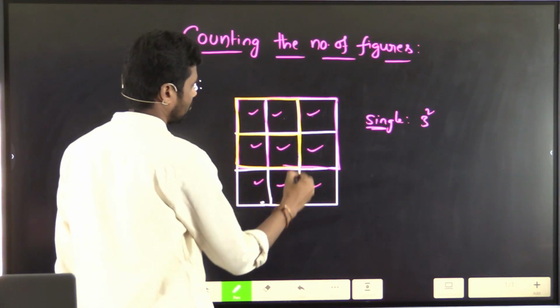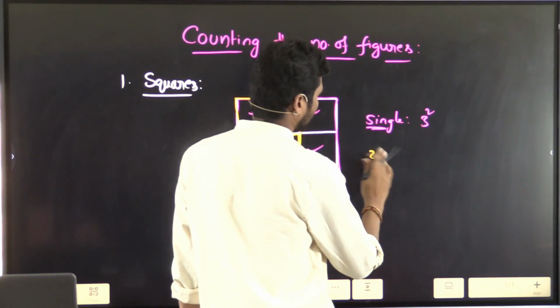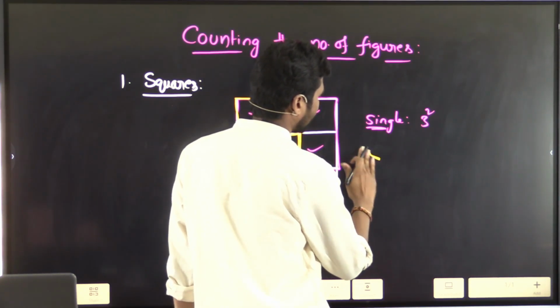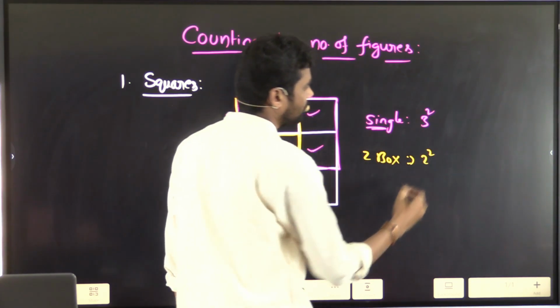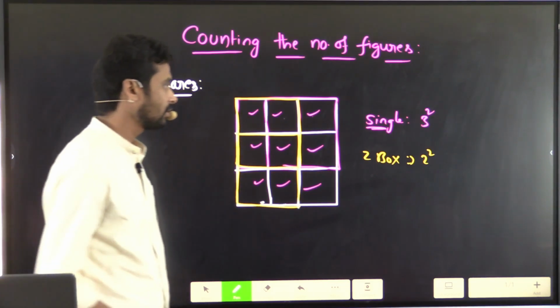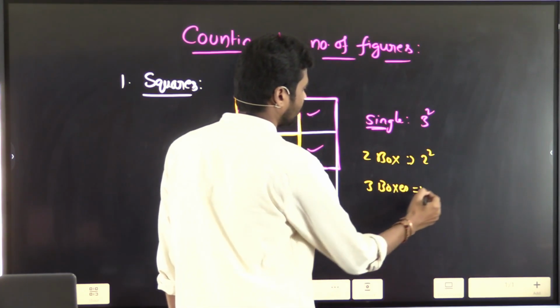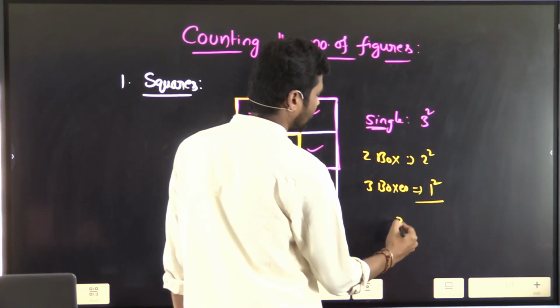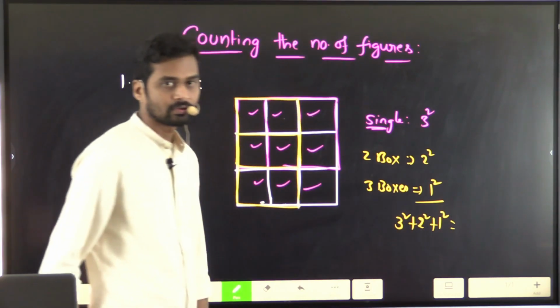So that gives 2 square. And if I take all 3 by 3 boxes at a time, in total we have 1. So the final answer is 3 square plus 2 square plus 1 square.